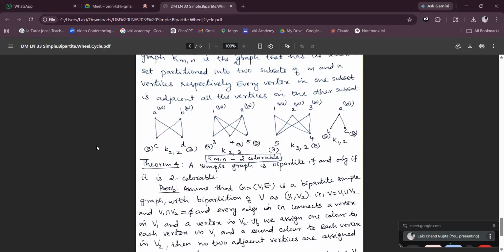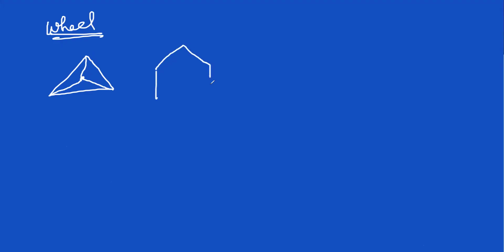Can you tell me what is the chromatic number of wheel? What is chromatic number of wheel? Okay. What is chromatic number of this? This is W3. This is W5.